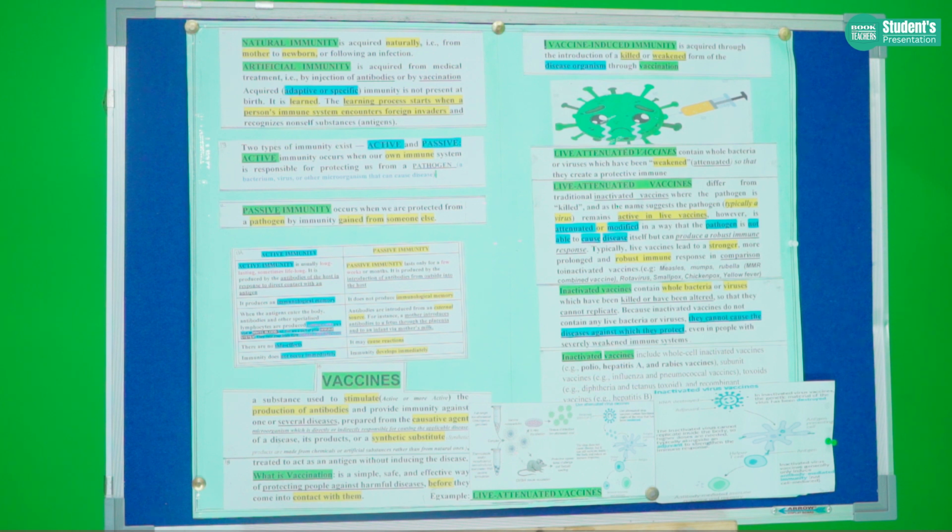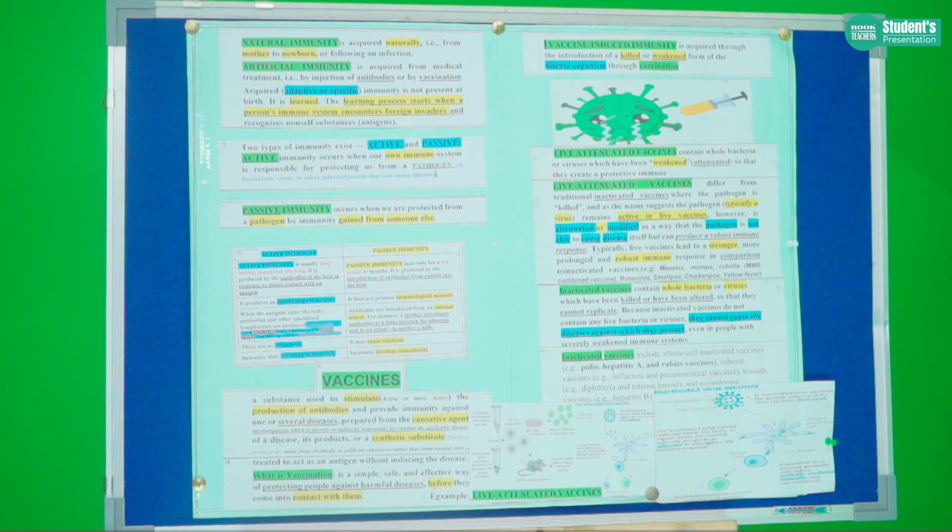The learning process starts when a person's immune system encounters foreign invaders. ये प्रोसीजर कैसे होती है कि अगर आपकी बॉडी किसी डिसीज से इन्फेक्ट हो जाती है and your body is being able to fight against that disease, then and only then this kind of immunity develops, that comes under the adaptive immunity, or you can say the acquired.